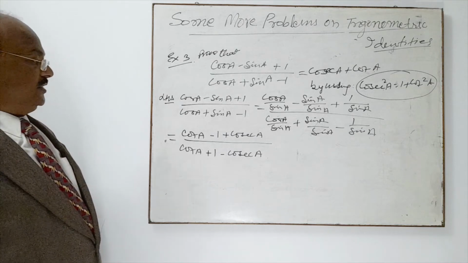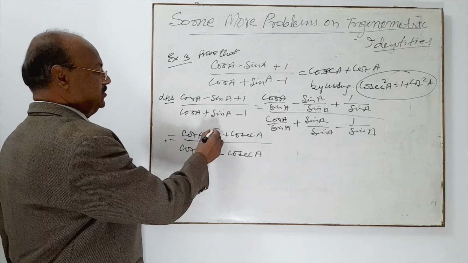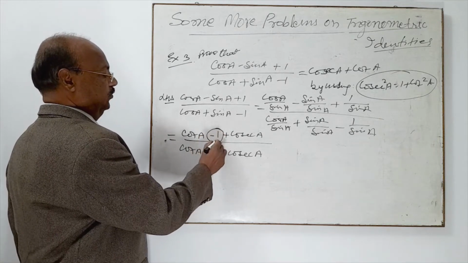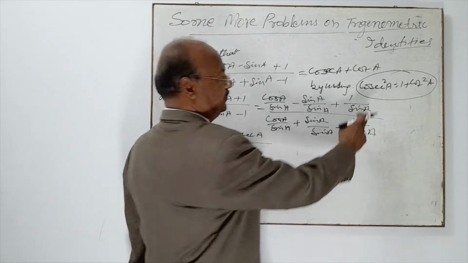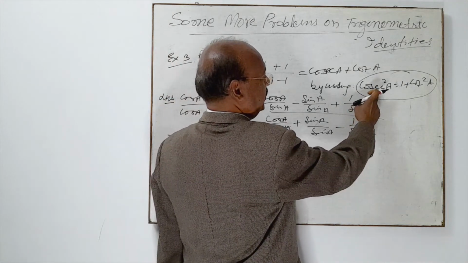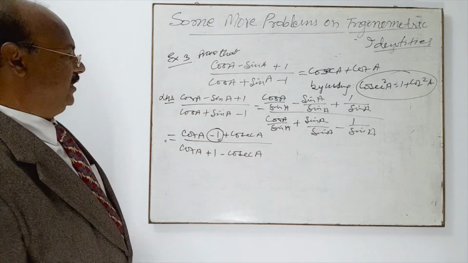Similarly, in denominator we are getting cot A plus 1 minus cosec A. And a very interesting trick is here that in place of 1 you can write cosec square A minus cot square A. That you have to remember.